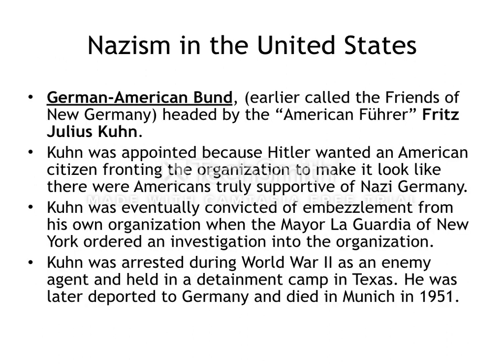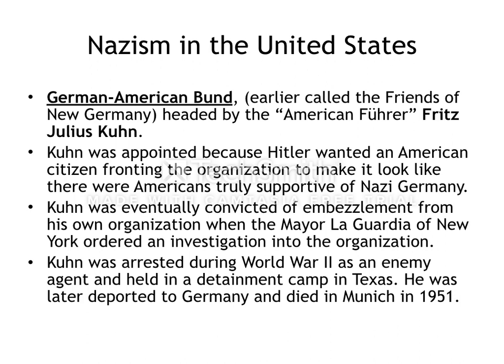Before we start saying bad things about the Germans, it is very important to know that there were in fact American Nazis. One particular was Fritz Julius Kuhn. He headed the American Führer Society. Now, Kuhn was appointed because Hitler wanted an American citizen fronting the organization to make it look like there were Americans that were truly supportive of Nazi Germany.